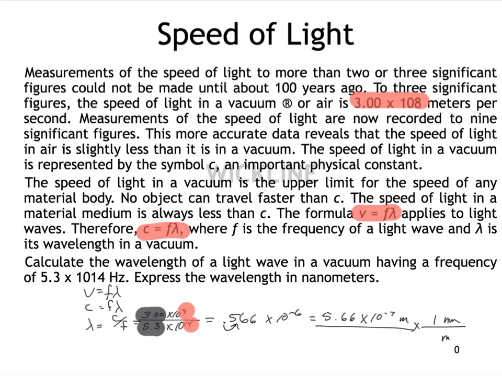So what we really need to do here is do negative 7 minus negative 9. So that's like negative 7 plus 9, which is 10 to the 2. So my final answer would be 5.66 by 10 to the 2 nanometers, which is also 566 nanometers.